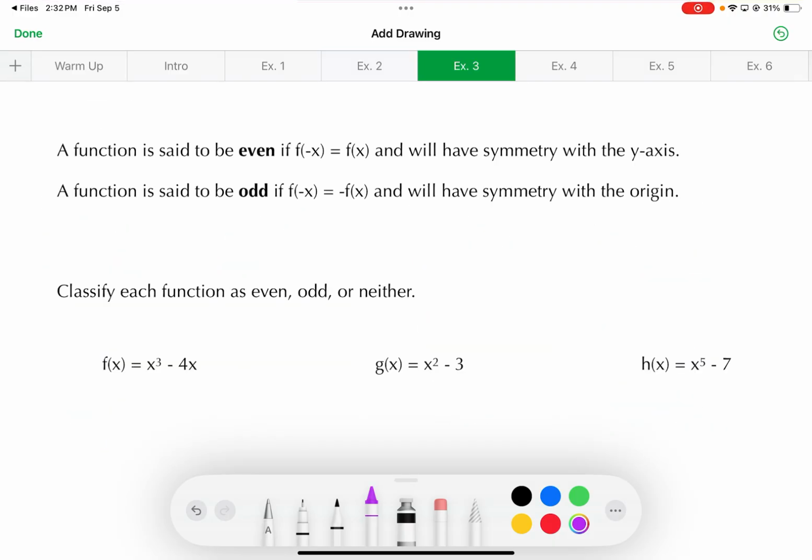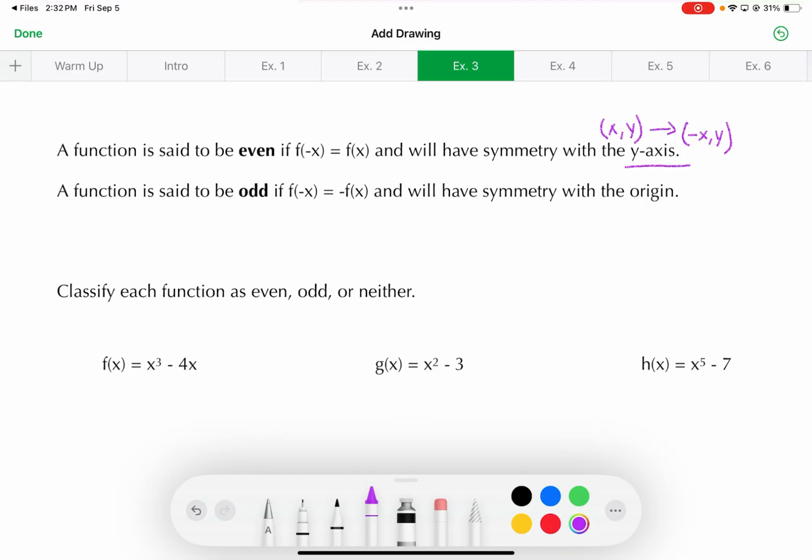A function is said to be even if f of negative x equals f of x and has symmetry with the y-axis. Okay, so symmetry with the y-axis, we said x, y turns into negative x, y, right? So what that's stating is evaluating with positive x produces the same y value as if I evaluated with negative x.